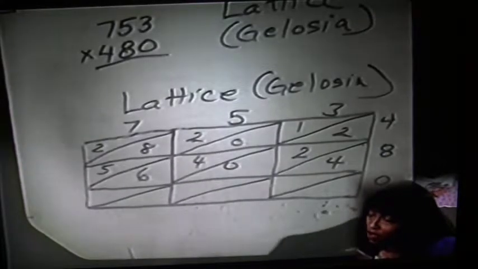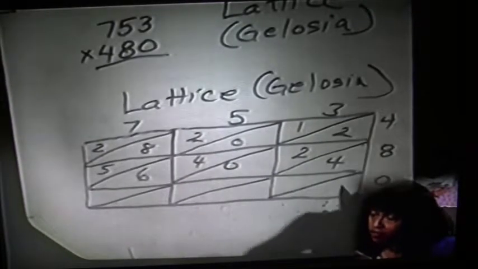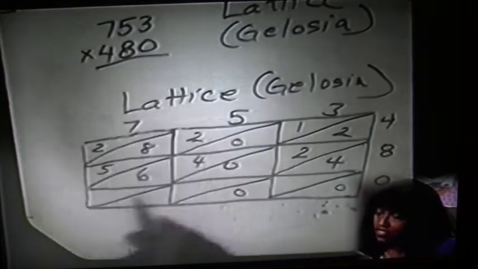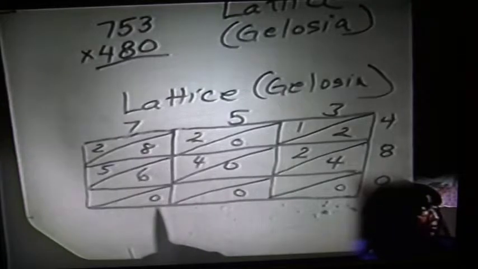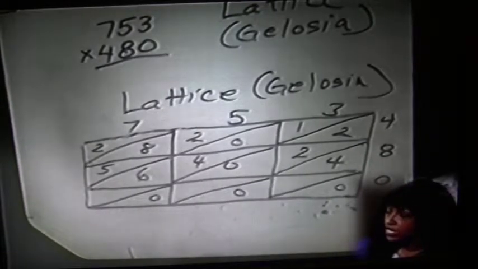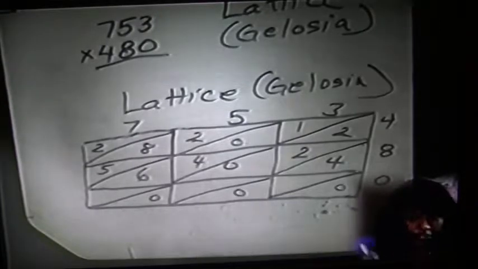And 0 times 3 is 0. 0 times 5 is 0. 0 times 7 is 0. Okay, we've done our math, and now let's add diagonally.